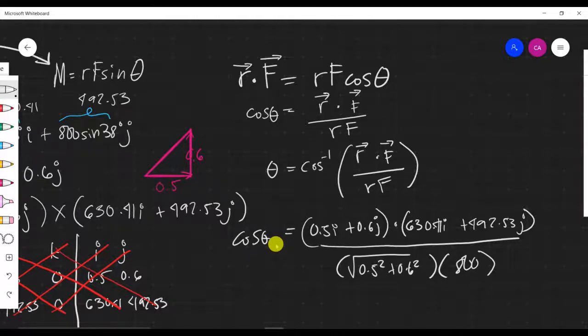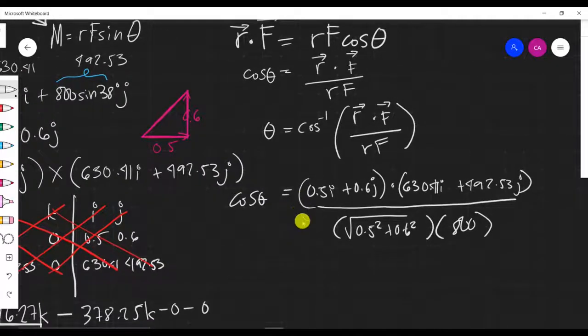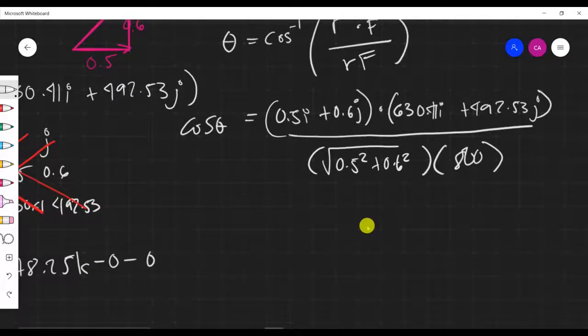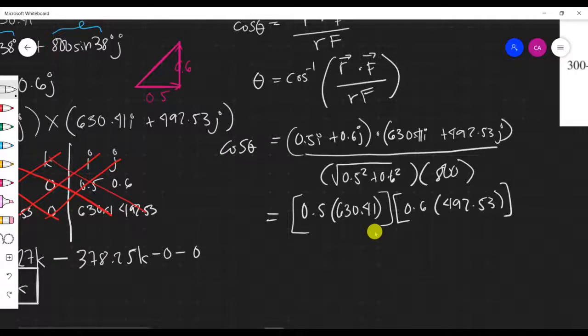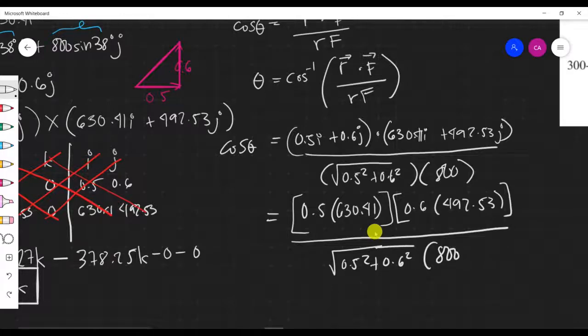So, yun yung cosine theta. So, ngayon, nagiging sagot natin dyan, theta lang naman kailangan natin dyan. So, lumalabas na 0.5 times 630.41 plus 0.6 times 492.53, dot product na to, over square root of 0.5 square plus 0.6 square times 800.